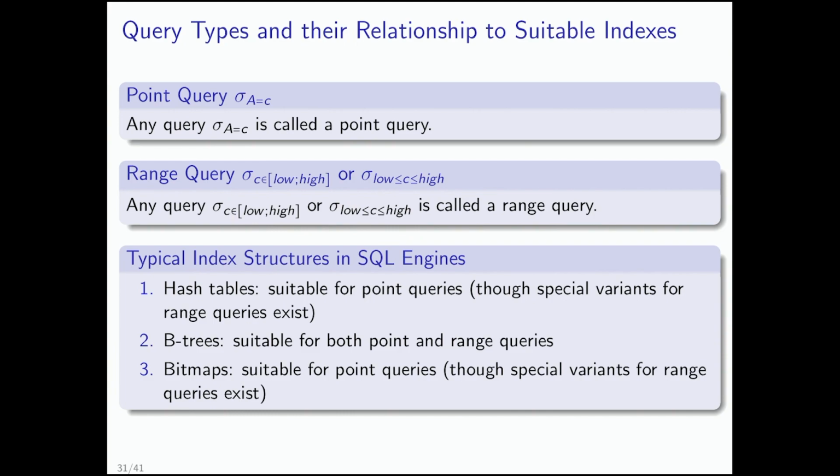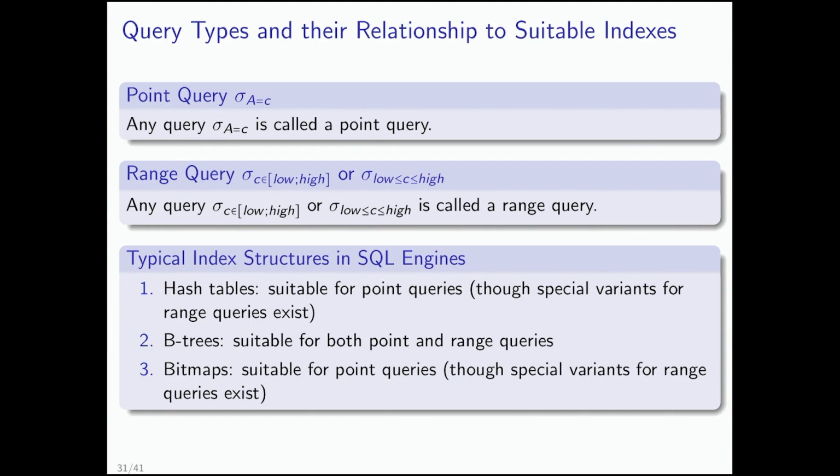And then in a database system, or in a SQL engine as we are calling it for the moment, you have multiple options to execute these point and range queries. Those are the three most important ones, but I would also say, you are fine if you understand the first two. So hash tables are suitable for point queries.